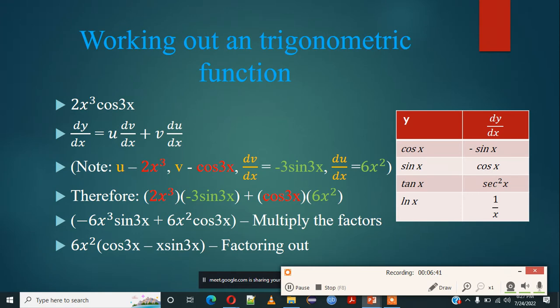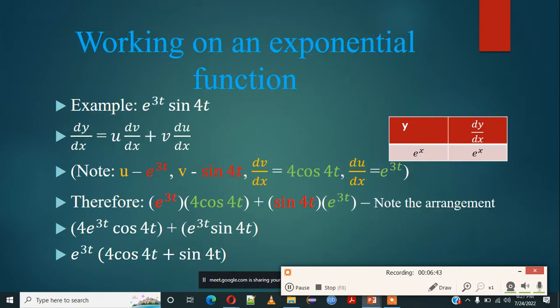Then let's look at another one. Now, this one is an exponential function, exponential 3t sin 4t. Then using the same formula, we find that dy over dx is equal to u dv over dx plus v du over dx.